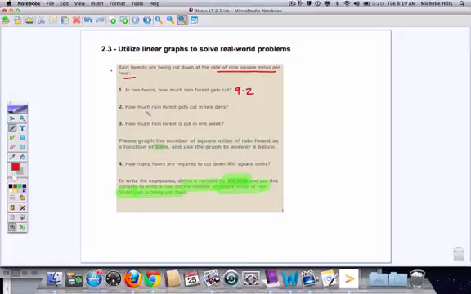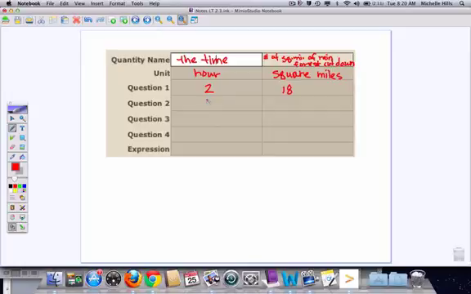Question 2 says, how much rainforest gets cut in 2 days? Well, I want to convert this to hours. So 2 days times 24 hours per day is 48 hours. So I'm going to go back and it's 48 hours.